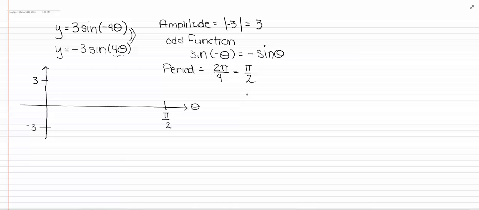So to do that, remember to find the intervals, you divide the period by 4. Or get pi over 2 times 1 over 4, which is pi over 8. So that means every pi over 8, and I can just kind of eyeball this a little bit, I'm going to have one of my special intervals here.